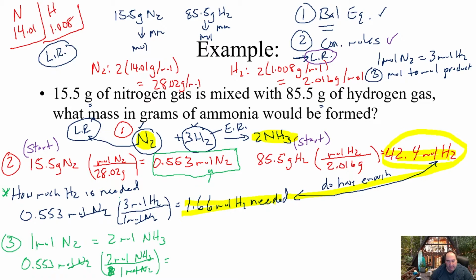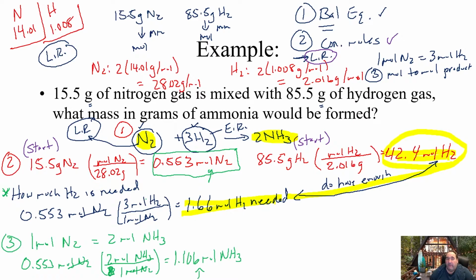That's going to give me 1.106 moles of NH3 in this case. By the way, this would be our theoretical yield in moles if that's what we're looking for.